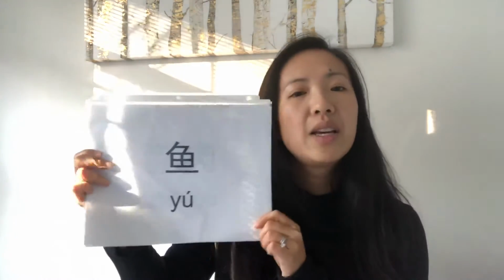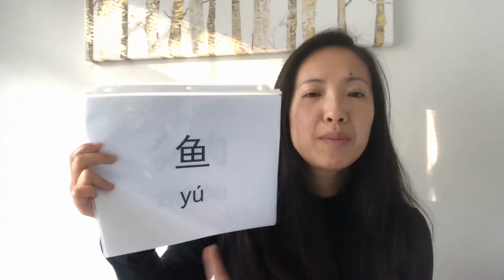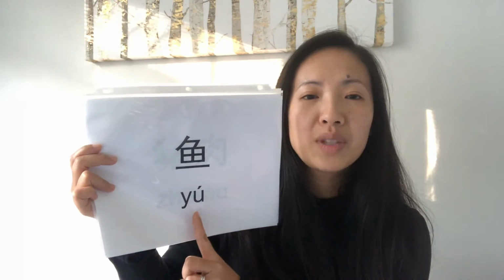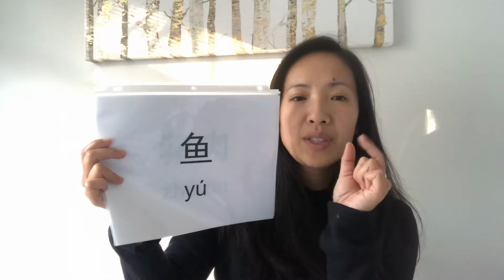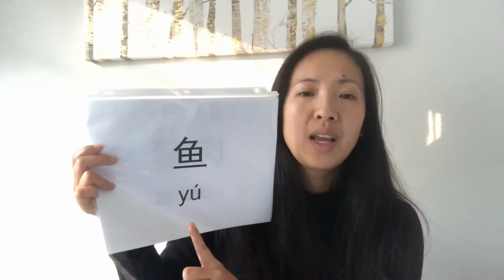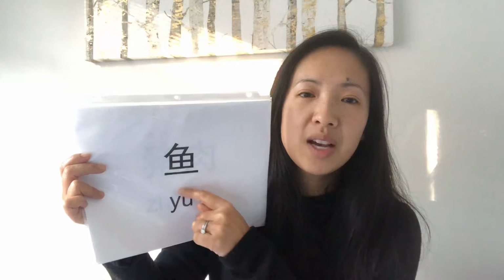Then the next one we have is 鱼. So remember we talked about the pinyin, this U sound. It's actually the EO sound. So this is 鱼. And it means fish. So in the traditional Chinese, instead of this line on the bottom, we have 4 lines going down, kind of like a tail.